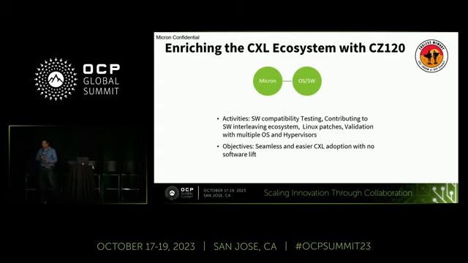OS and software, we are very active in the Linux community, working on several patches for ideal utilization of CXL. And we also work with hyperscalers, so hypervisors, and other software vendors like MemVerge.